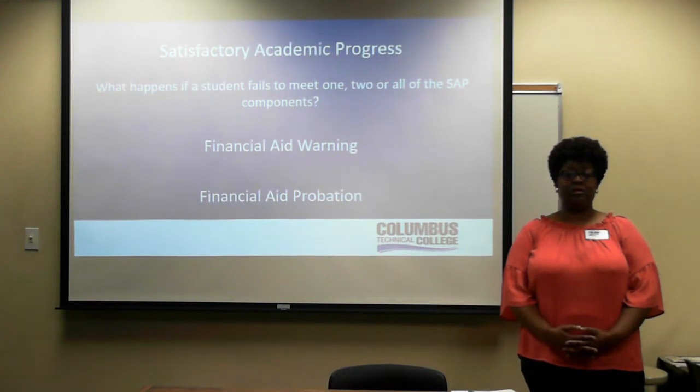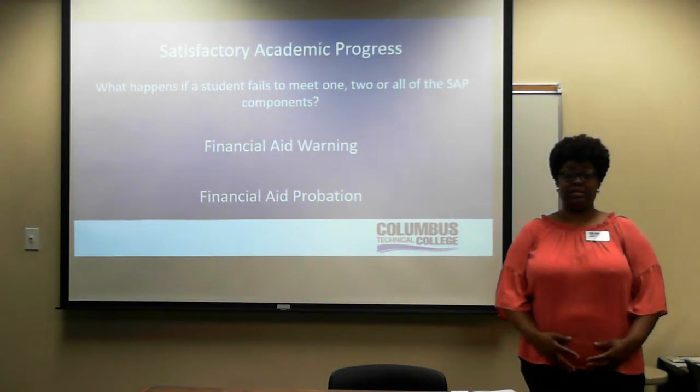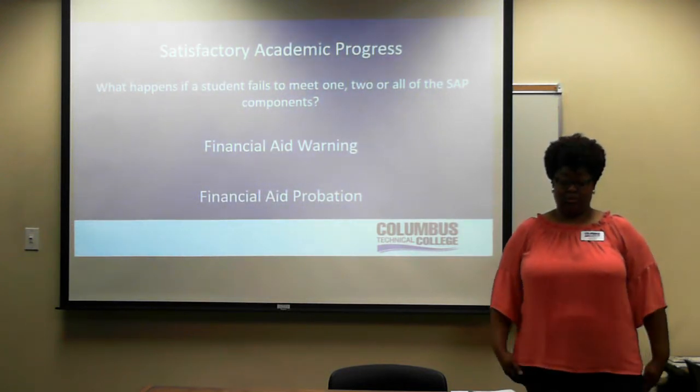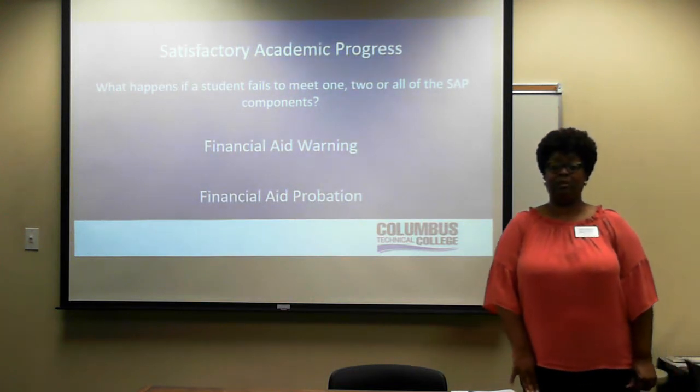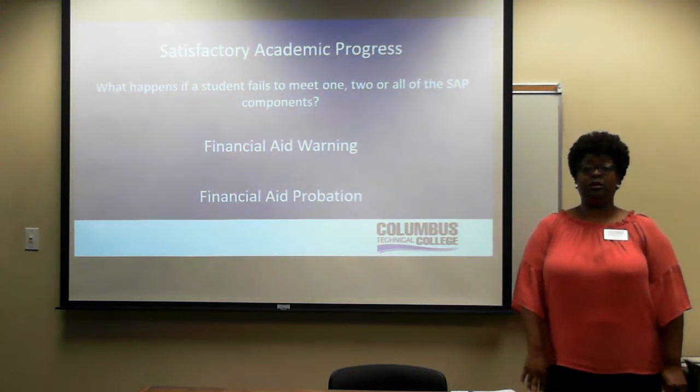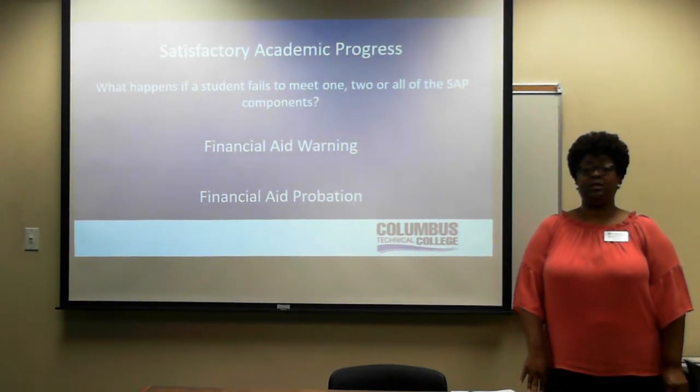So what happens if you fail to meet one, two, or all of the components dealing with satisfactory academic progress? In the event that you fail to meet satisfactory academic progress, you will be given a status of financial aid warning. Under financial aid warning, you will still receive financial aid.